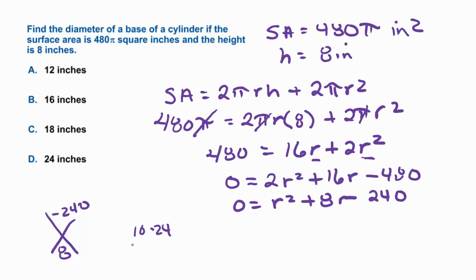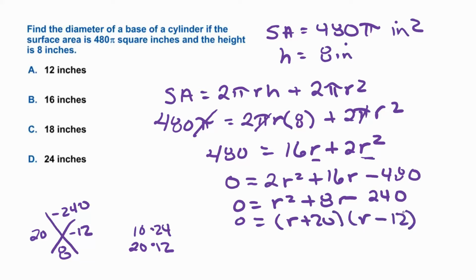So let's change this one to 20. If I divide 240 by 20, I get 12. 20 minus 12 is 8. So this would be 20 and negative 12. So 0 equals r plus 20 times r minus 12.